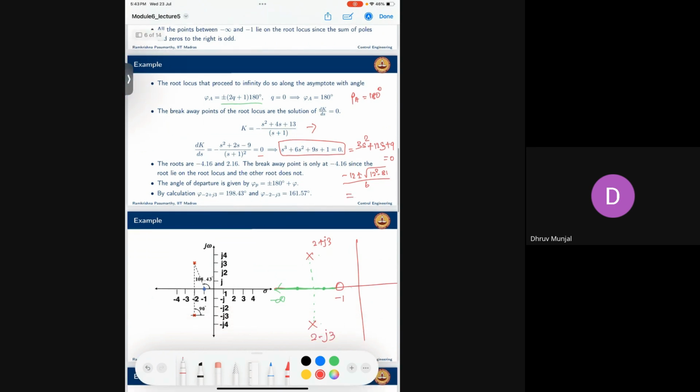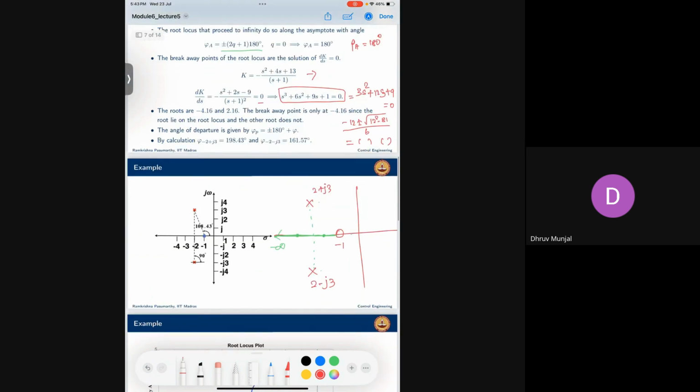So you will have two roots. One is minus 4.16, another one is 2.16. Just see which point is in the root locus. 2.16 is not in the root locus, so the minus 4.16 is your breakaway point.